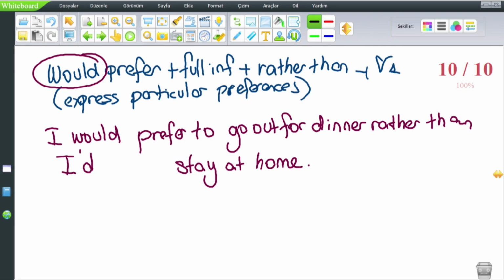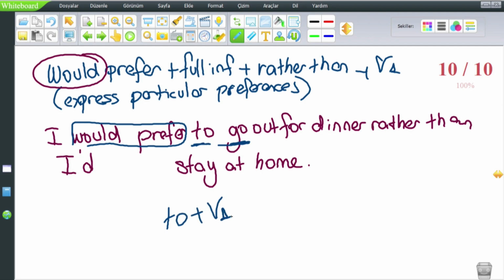Let's see. I would prefer to go out for dinner rather than stay at home. I am making a particular, a specific preference. It's not a general choice that I make. I used would prefer, and after that I used to plus verb 1, which is the full infinitive.